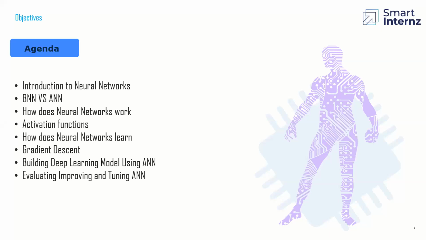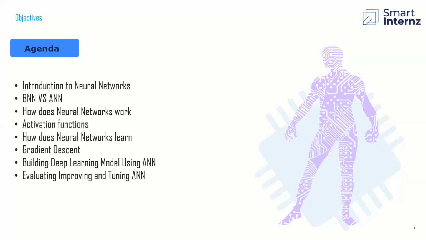Once we discuss all of this, we will move on to the practical part, where we are going to build a deep learning based artificial neural network model, and also evaluate, improve and tune it, and test whether we are getting a correct outcome or not.